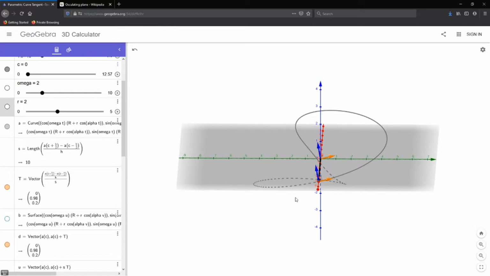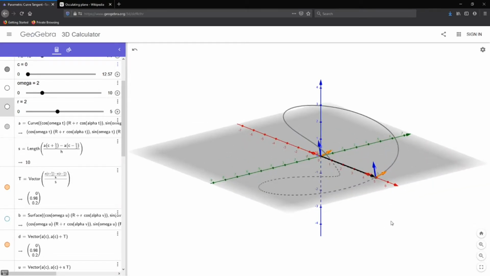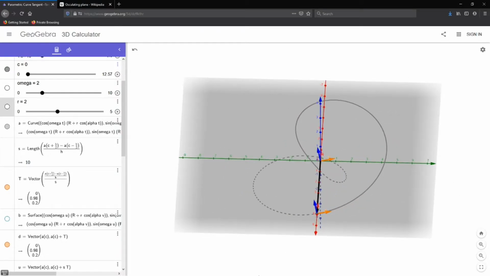And what we want to do is get a better understanding of exactly how these vectors are related to one another. So we'll start with the simplest relation, and that was actually with the definition of curvature. First off, we're going to assume, just for ease of calculation's sake, that we have a curve that is parameterized by arc length.